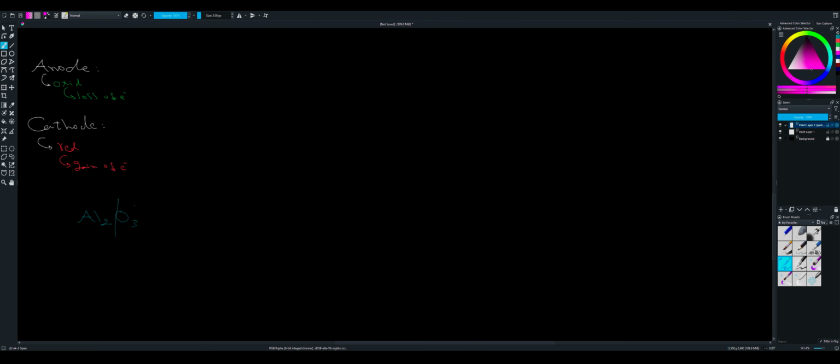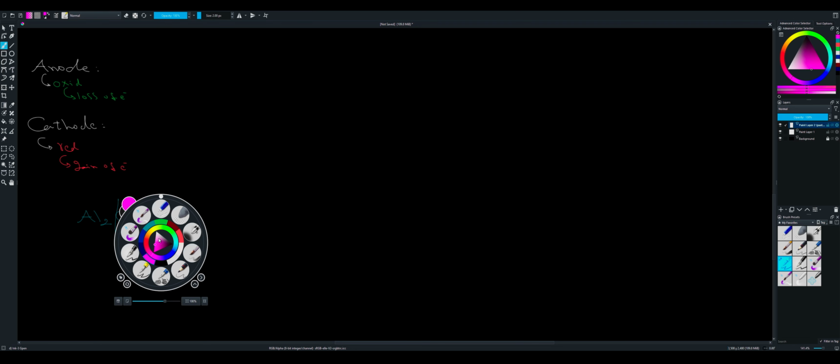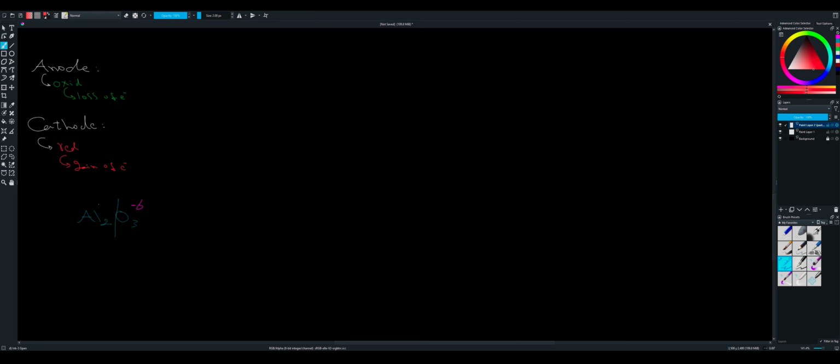Okay, we have 6 electrons in here, 2 multiplied by 3, negative 2 multiplied by 3, so we have a total of 6 negative charge, and we have also 6 positive charge, 3 multiplied by 2, because each aluminum is contributing with 3 electrons as we've agreed, and each oxygen is gaining 2 electrons as we've agreed.